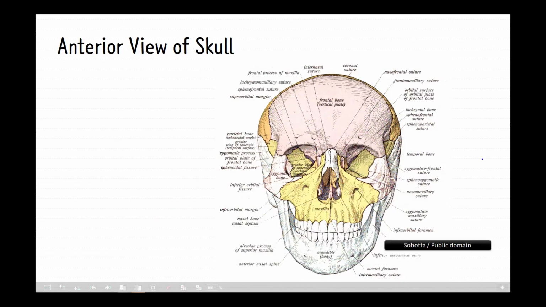Zygomatic region. This region means the convex upper lateral part of the cheek, around here, composed of the external surface of the zygomatic bone. There are small zygomatico-orbital foramina around here bilaterally, which transmit the nerve and vessels of the same name.